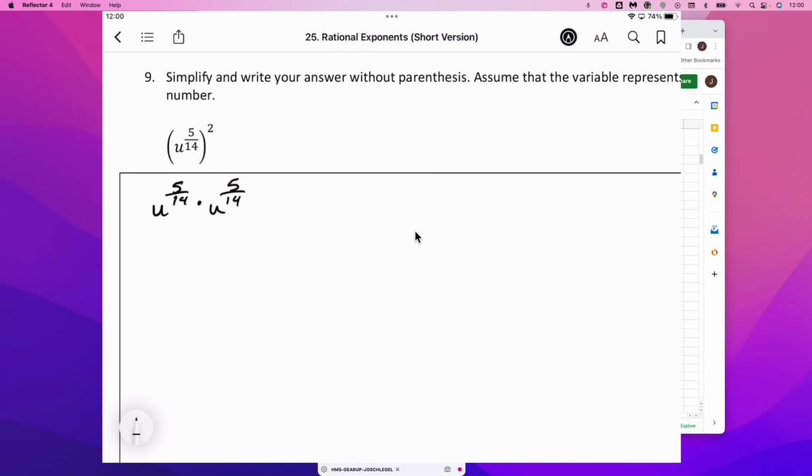The other way to do it is to remember the power rule, and multiply 5 times 2 to get 10. I like to write things out and make sense of them, though. That's easier for me. So we'll have u to the 5 plus 5, since the denominators are already the same, which is 10. The denominator is 14. That's going to simplify to be 5 over 7.